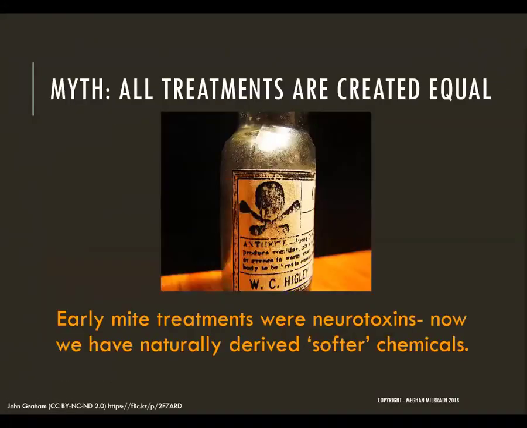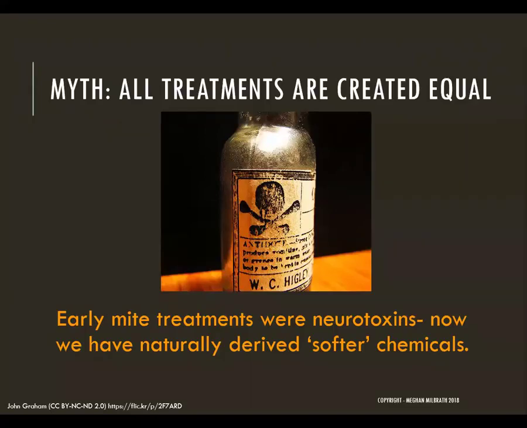And as you'll know, these are all chemical treatments. However, I do want to make a really good point that all treatments are not created equal. So when I talked about those early mite treatments, those are straight up synthetic pesticides. They're neurotoxins.